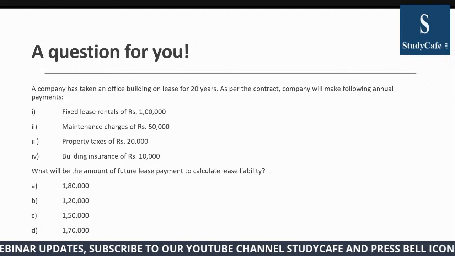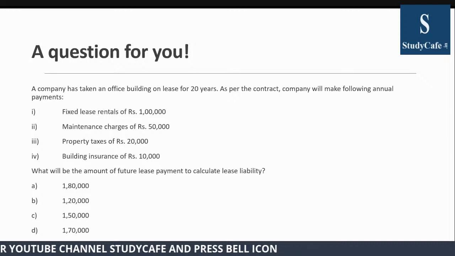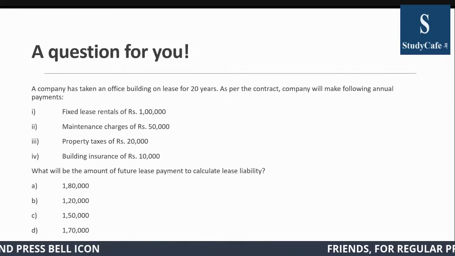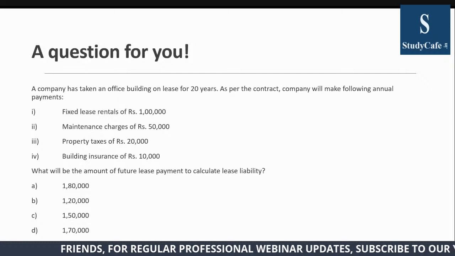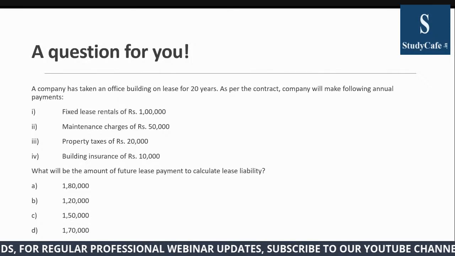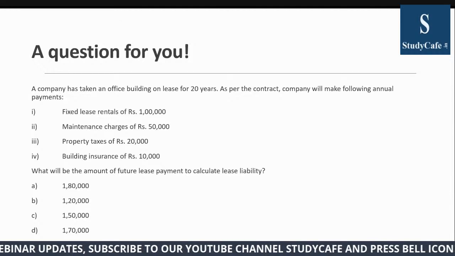Obviously lease rentals are for lease, so that is a lease component. Maintenance charges are non-lease components. Property taxes and building insurance: are these lease or non-lease components, and are they required to be separated or not? Let me tell you, the property taxes and building insurance are not a separate component.